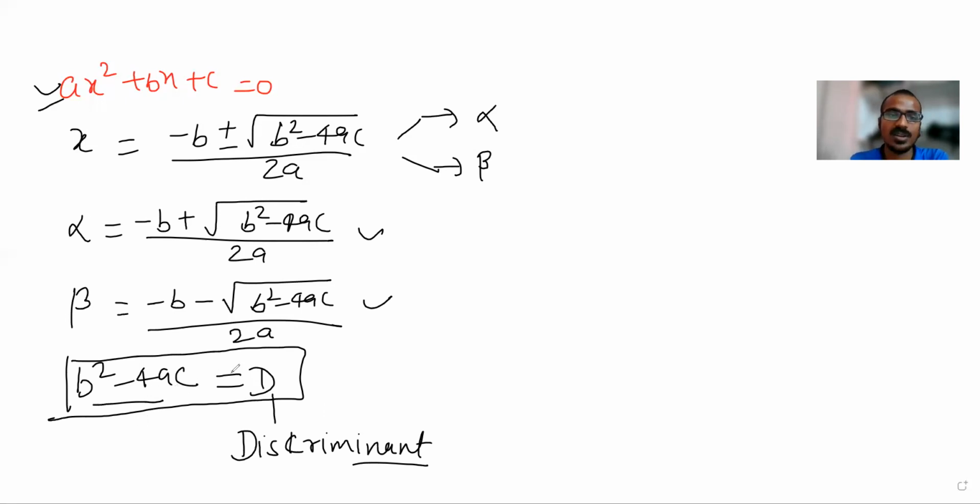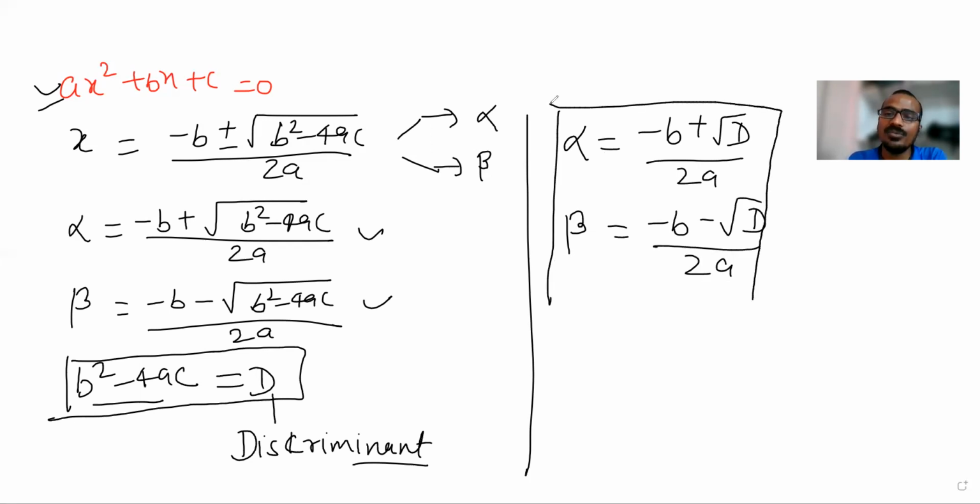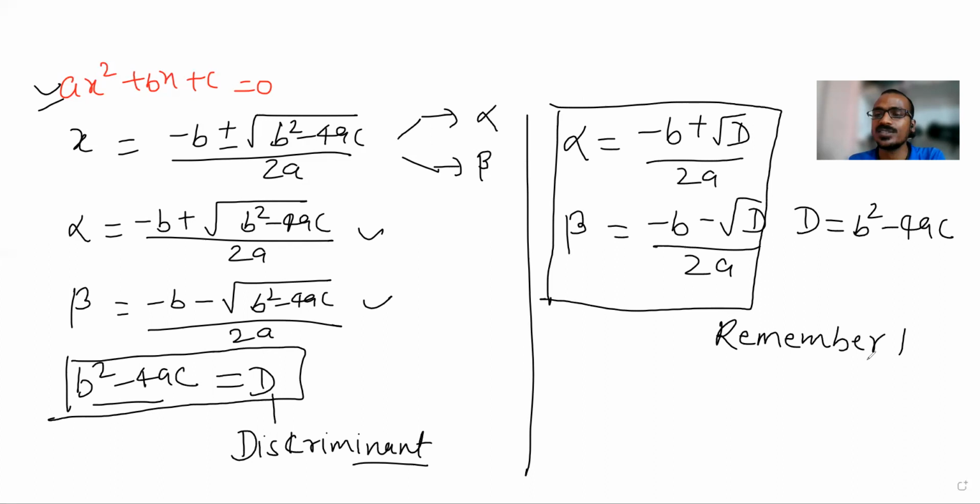On simplifying, alpha is equal to minus b plus under root D by 2a, and beta is minus b minus under root D by 2a. This is the final result we are going to remember, where D is equal to b square minus 4ac. This should be remembered, guys.